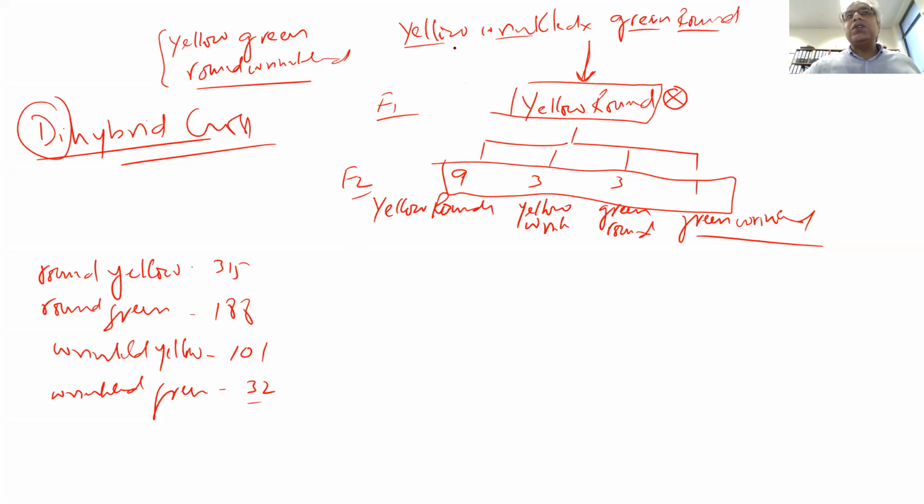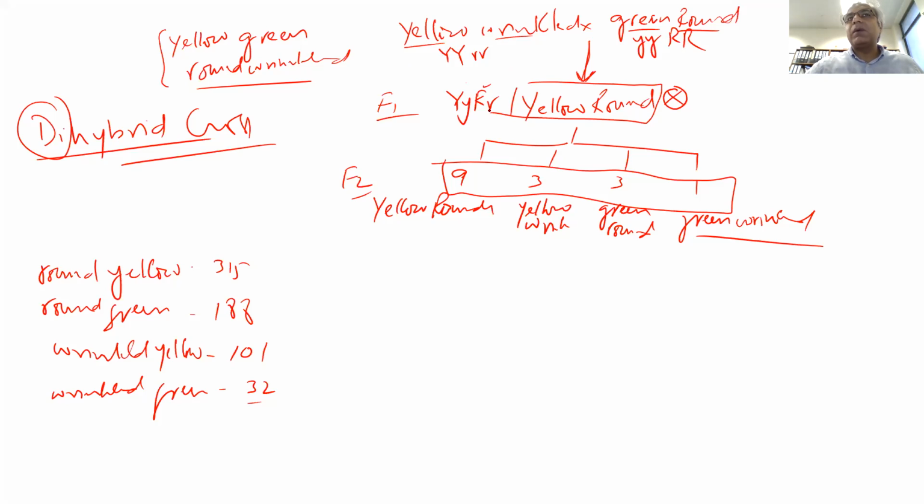if I write down the genotypes, so yellow was this one, wrinkled was this one, green is this one, and round was this one. Is there a preference that, when we have F1, you all should know, this one will be F1, yellow round.